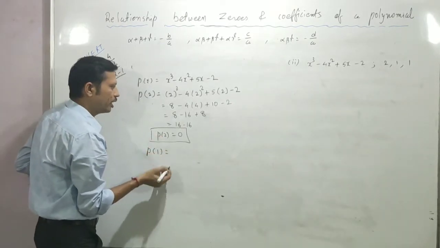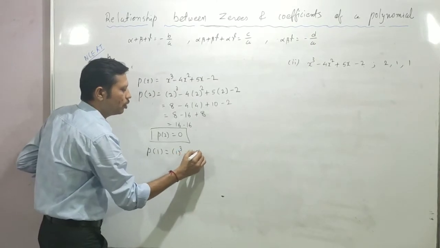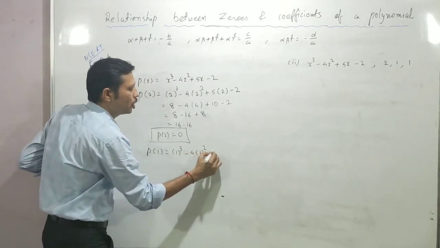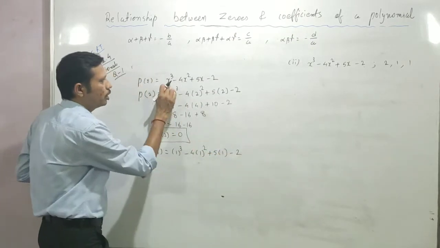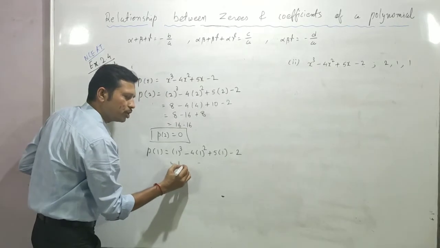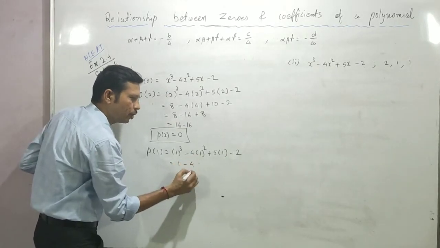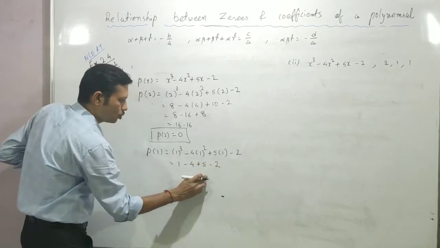So p of 1, that we will directly calculate. 1 cubed minus 4 times 1 squared plus 5 into 1 and minus 2. Here we replaced x. 1 cubed is 1, minus 1 squared is 1, so 4 as it is, 5 ones are 5 and minus 2.